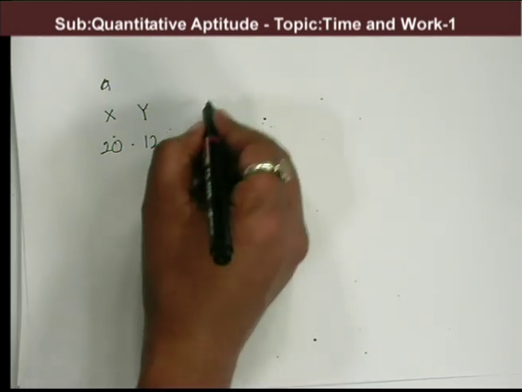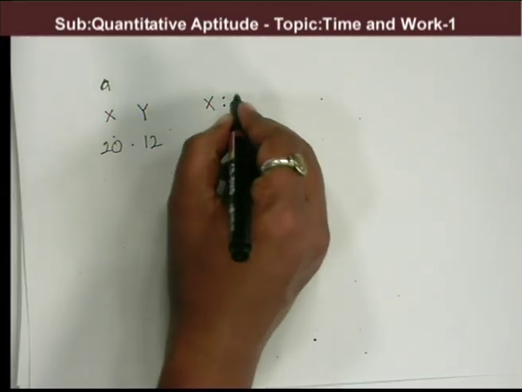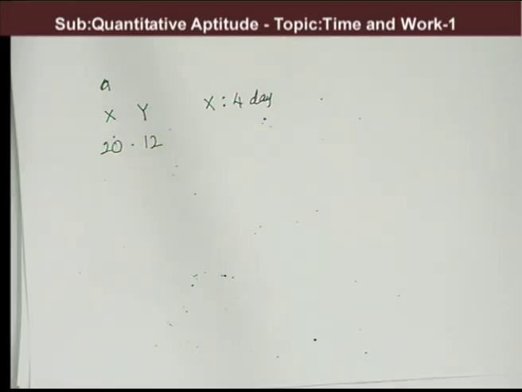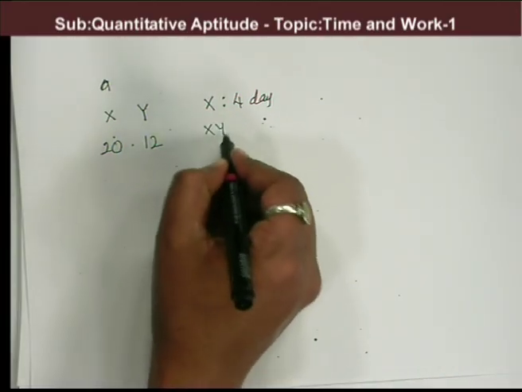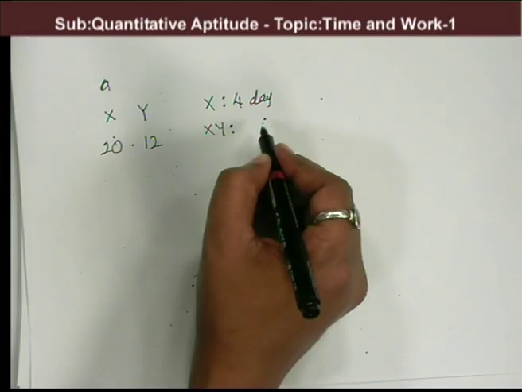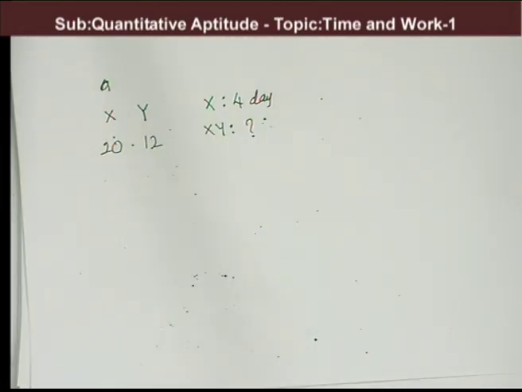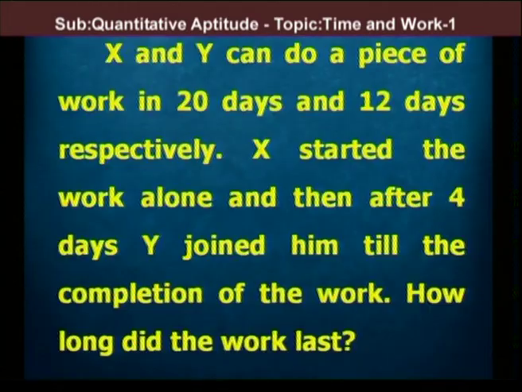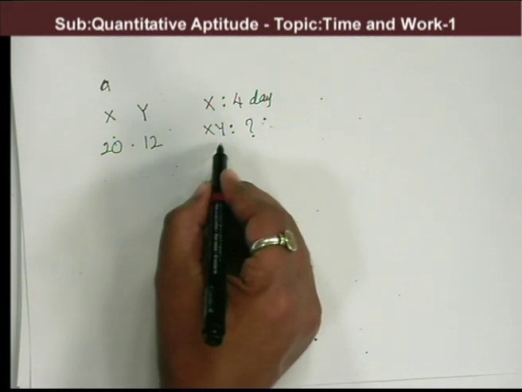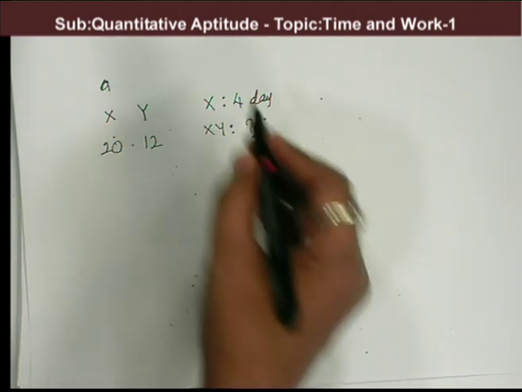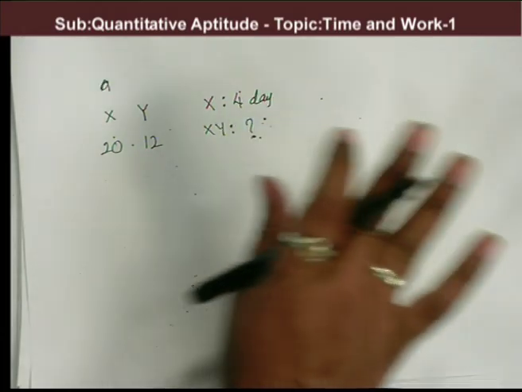For the first 4 days, only X was working. After that Y joined him, and X and Y both work, but we do not know for how many days. So you have to find out for how many days X and Y work together.